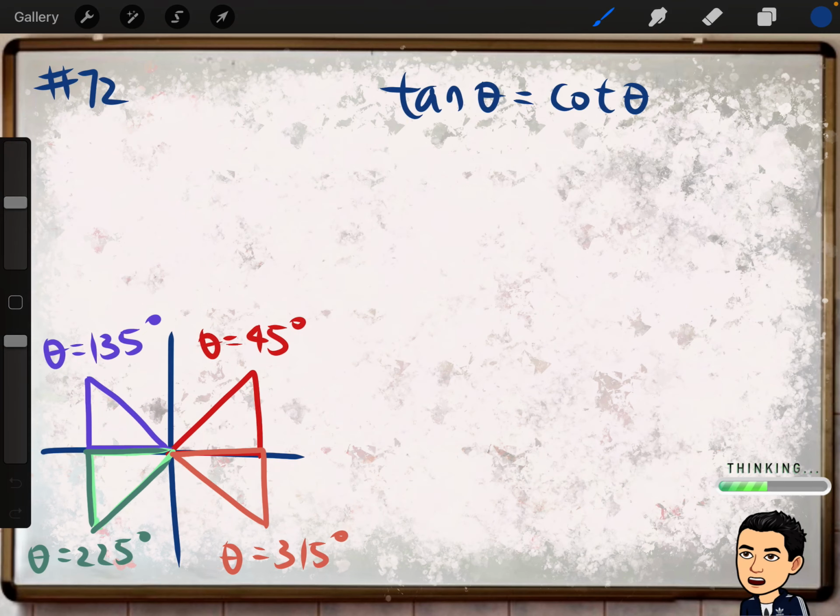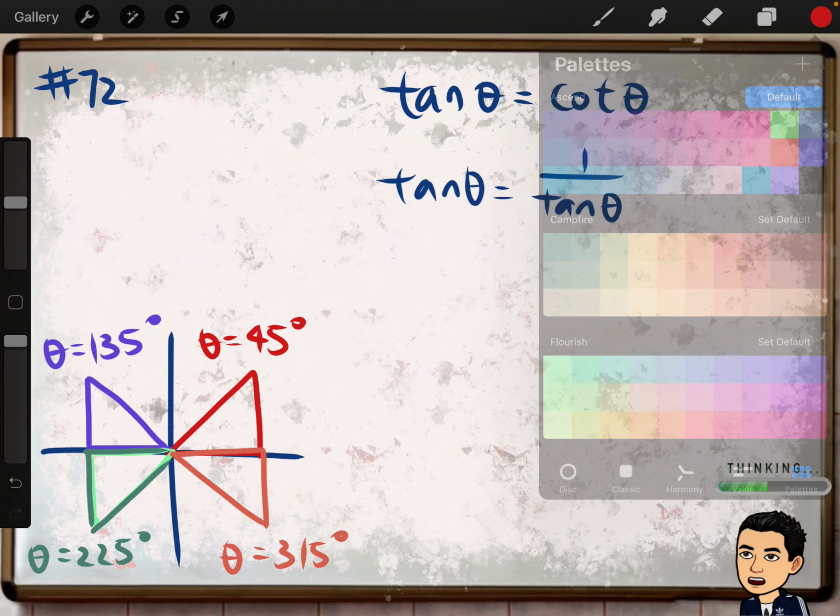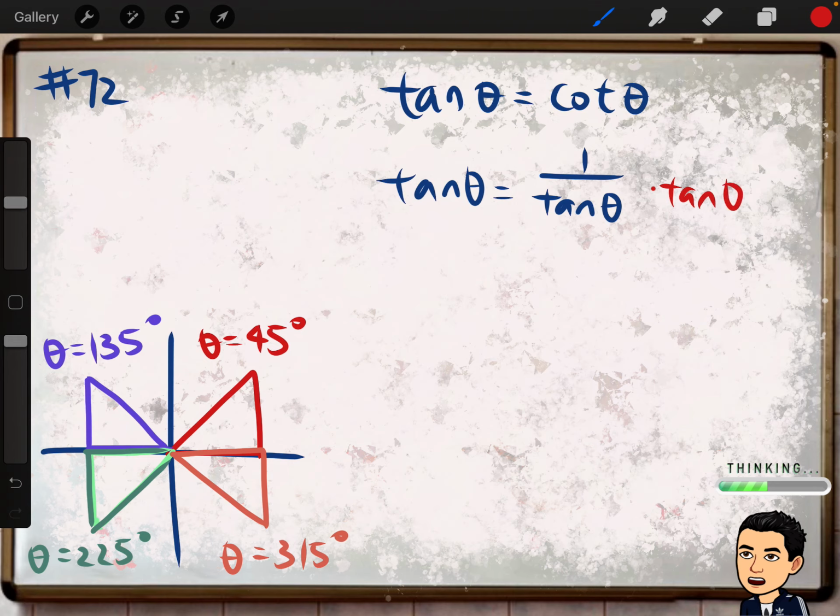All right, 72. So this one, you can rewrite the tangent theta equals 1 over tangent theta, because we know that cotangent is just the reciprocal of tangent, right? So what I'm going to do is multiply tangent theta on both sides.